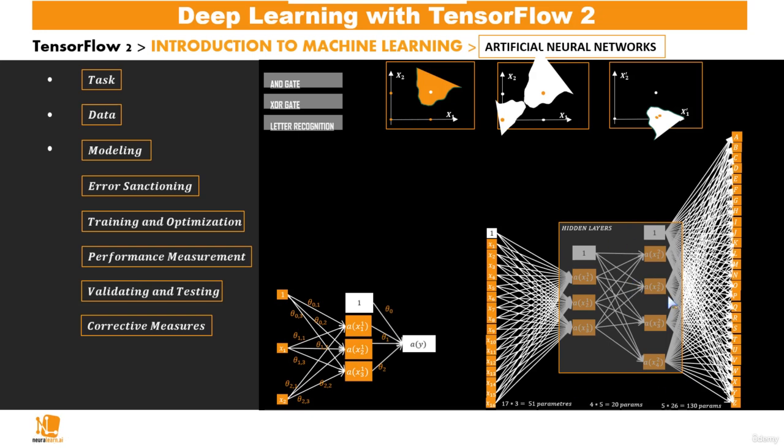It should be noted that the term model is the same as function. So basically, we're calling these deep neural networks or models, but they are actually functions.